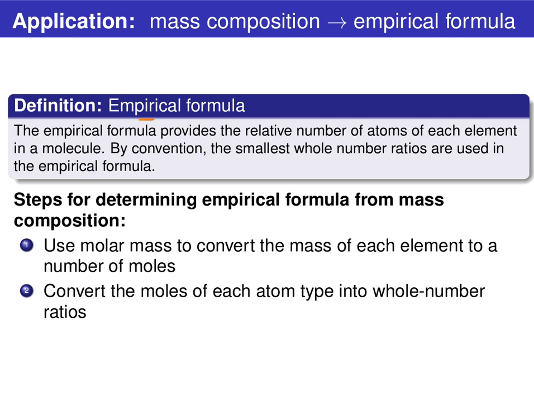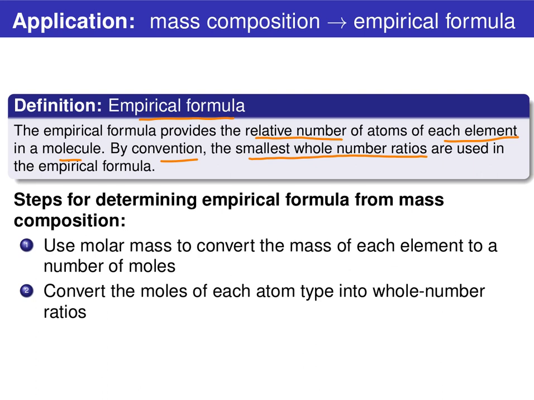The empirical formula basically provides the relative number of atoms of each element in a molecule. Okay? And so by convention, we're always going to use the smallest whole number ratio. Okay? So we're going to find the smallest whole number ratio that tells us the relative amounts of each atom type. So the steps for determining empirical formula from the mass composition are actually just 2 steps, fairly straightforward.